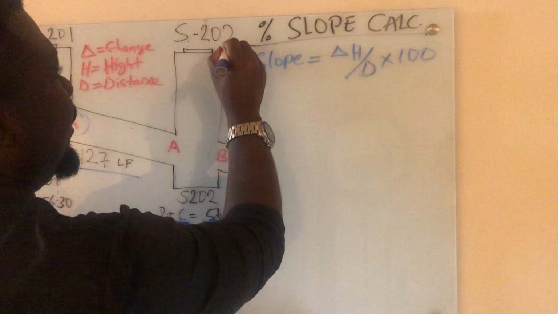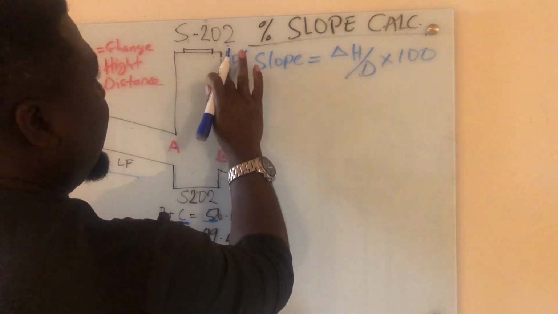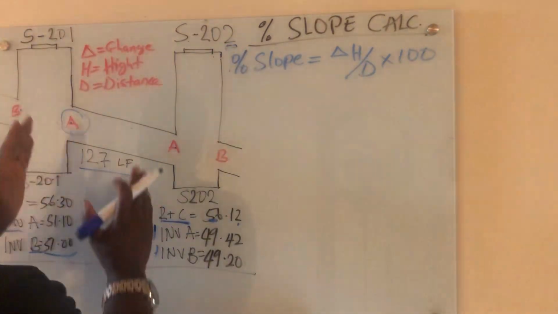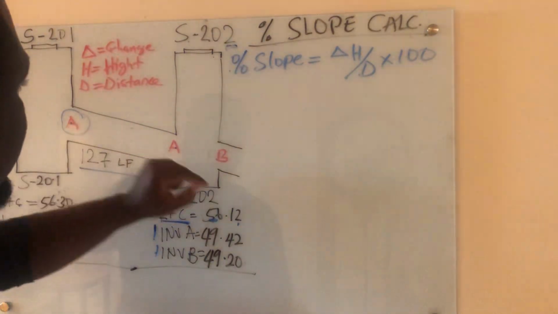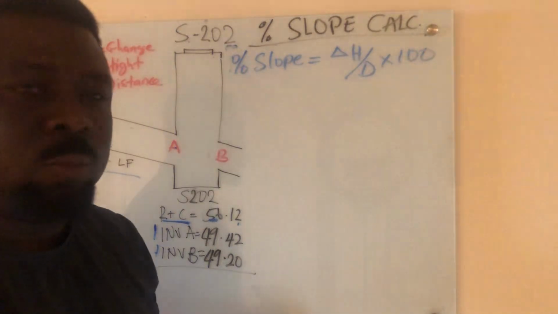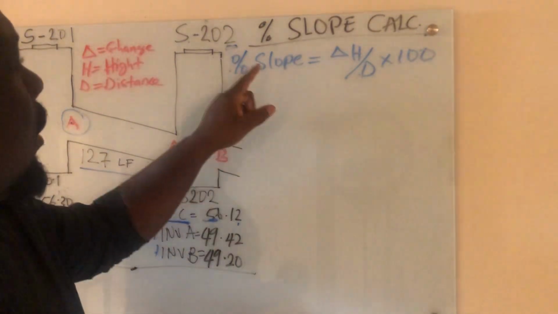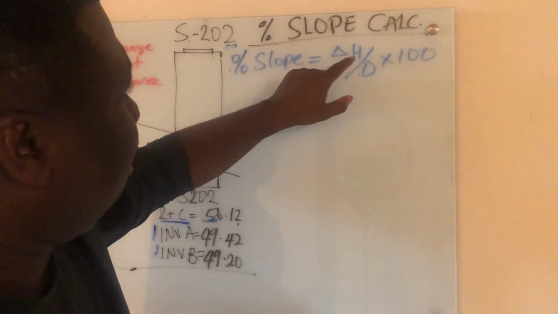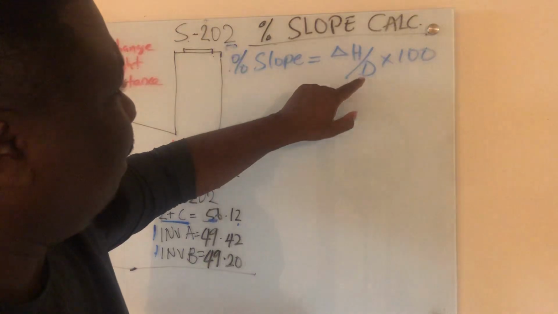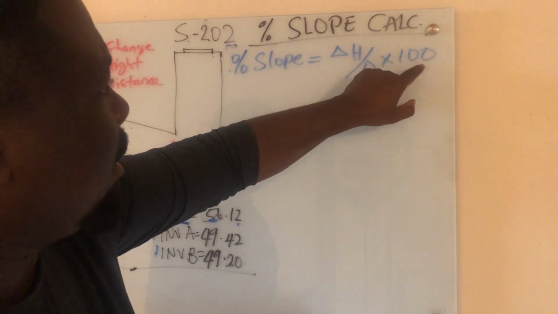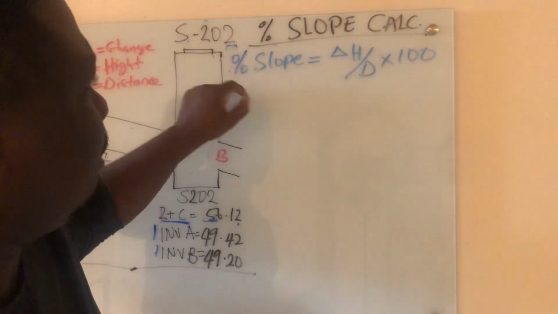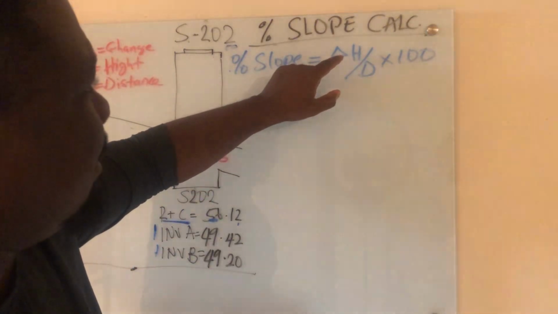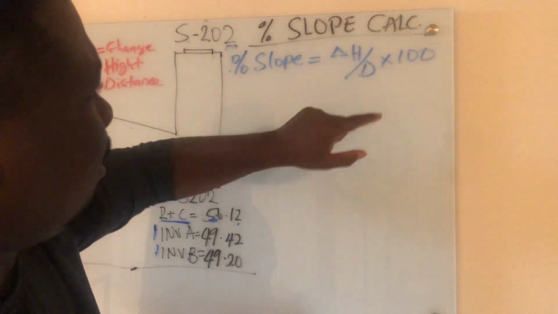So how do we determine the percentage slope for this design? Looking at the formula here, it is what we need to determine the percentage slope for our laser pipes, which is going to be used as a storm drainage, right? So the percentage slope formula is simply delta H divided by D multiplied by 100, because we are dealing with the percentage, right? So what is this delta H and D?